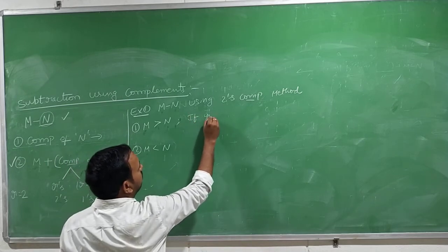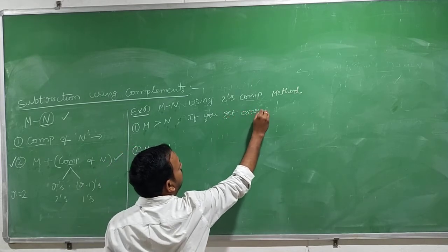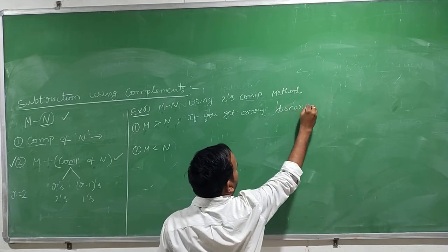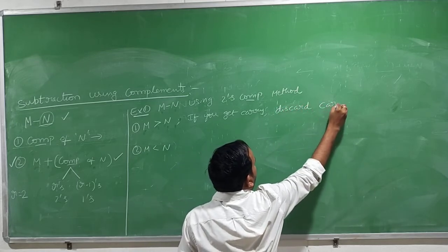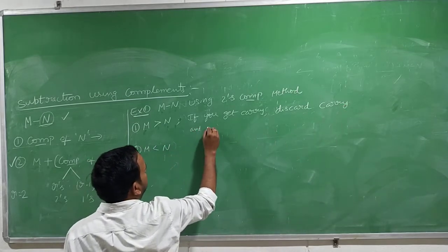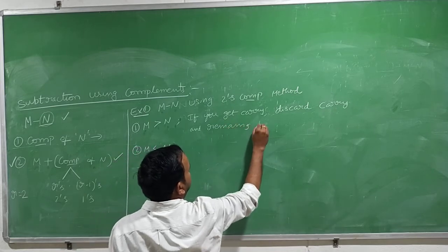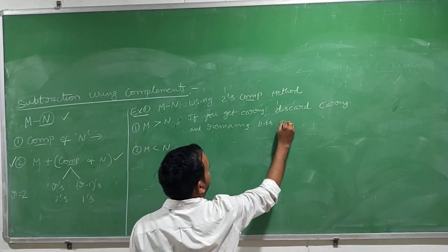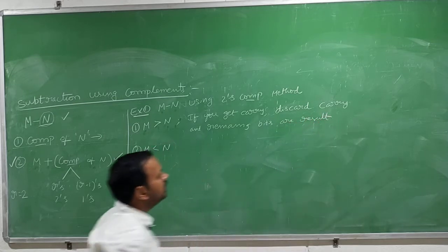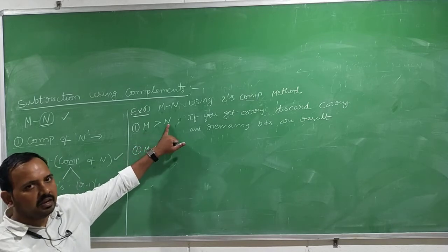If you get the carry, discard the carry, and the remaining bits are the result. You get the carry only when m is greater than n.